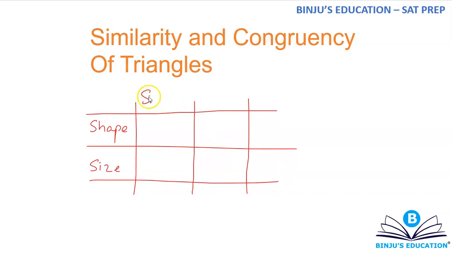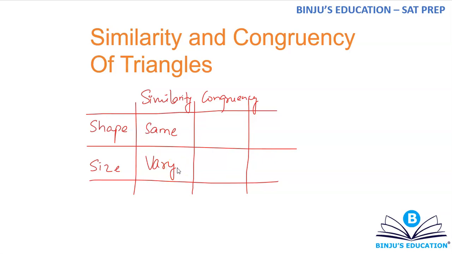So the first one is similarity and second one is congruency. Now when you say that the two triangles are similar, they have the same shape, but their sizes may or may not vary. Okay, their sizes may or may not vary.